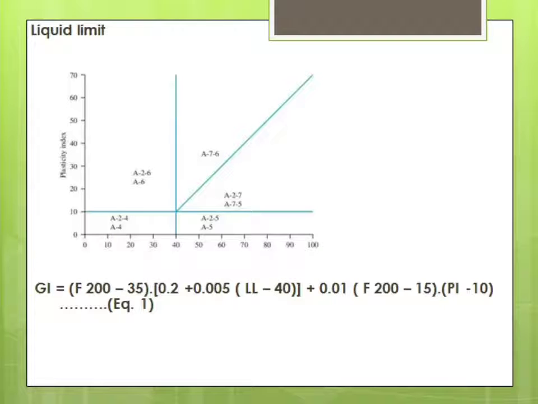The first term of equation 1, that is (F200 minus 35) times (0.2 plus 0.005 times (liquid limit minus 40)), is the partial group index determined from the liquid limit. The second term, that is 0.01 times (F200 minus 15) times (plasticity index minus 10), is the partial group index determined from the plasticity index.